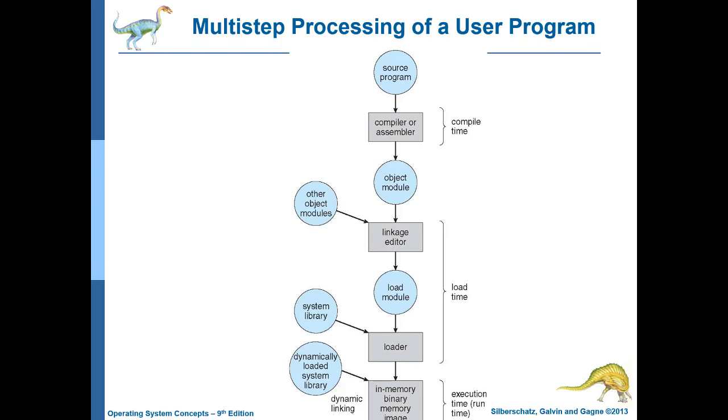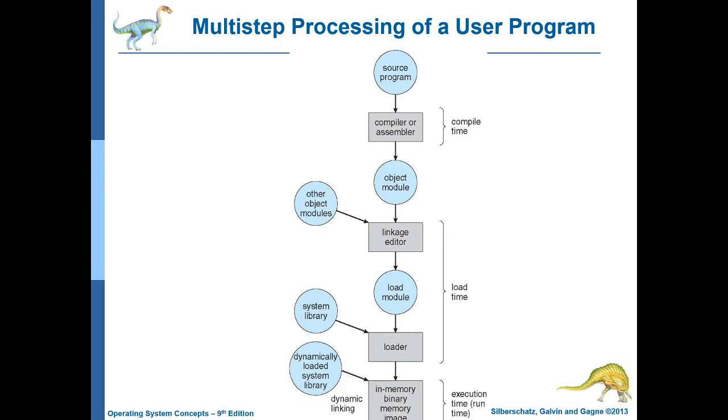Similarly, the linkage editor links your object modules to other object modules, which means that within your program you write your own code that will be your object module, but your code will include some other object modules from the programming language. This linkage is done and you load the module. So all this processing is done at load time.